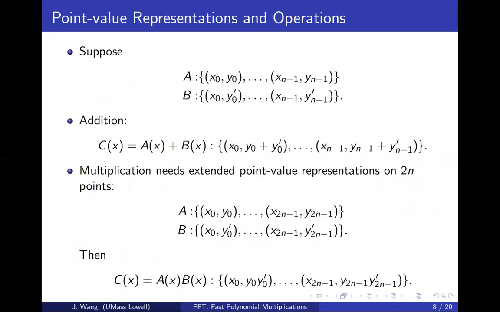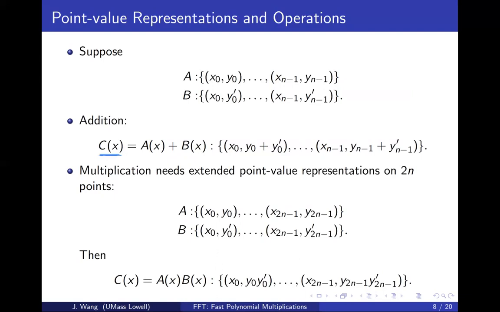All right. So now, using point value representations, we can also do multiplication. We know the product C of x has a degree bound 2n. So what we want to do is to find 2n different points.